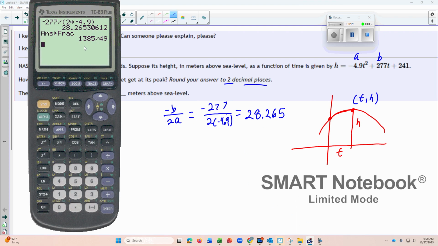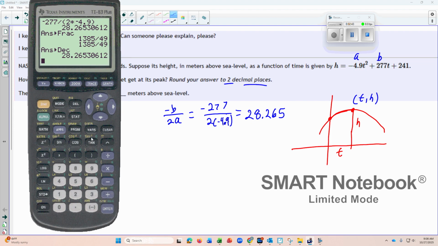So if you are using one of these calculators, though, let's go back to the decimal. There is a way that you can plug in this exact number. So I'll do it both ways because I'm kind of curious how much it will differ by. So I'm going to start with the exact answer.